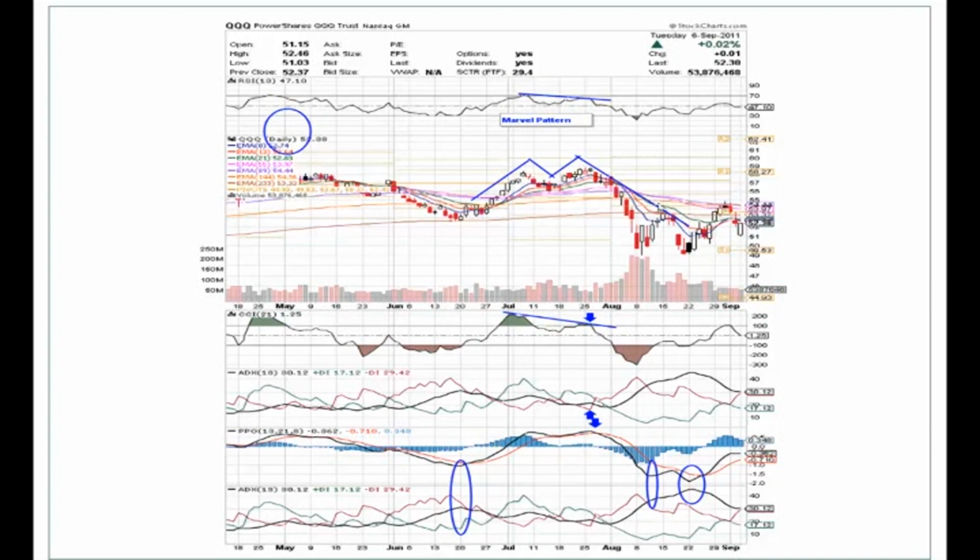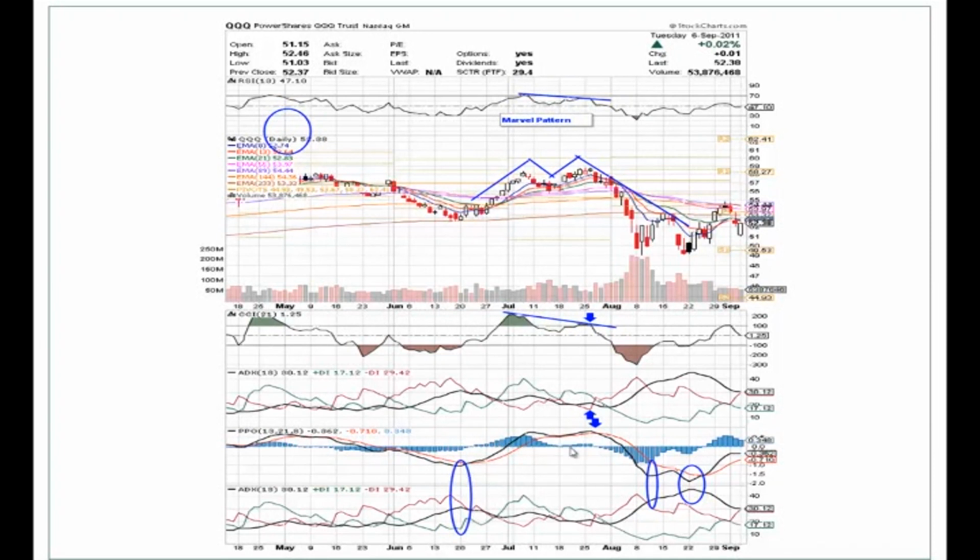Here you have the left peak of the M, and you can see that the right peak of the M right here is a little bit higher, just a smidge, but it went up just a little bit higher, and that's what you want to see, either almost exactly the same or just a little bit higher, or in the W's a little bit lower. So you can do the same thing. You can measure between the topmost peak and the middle and subtract that, and that gives you your profit target.